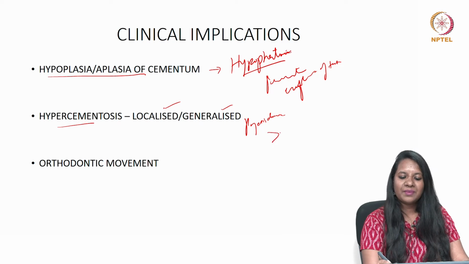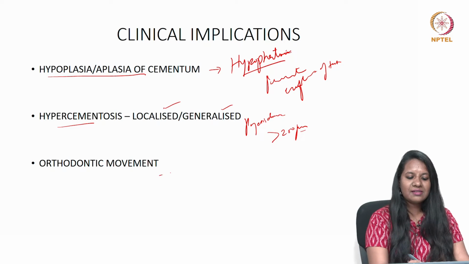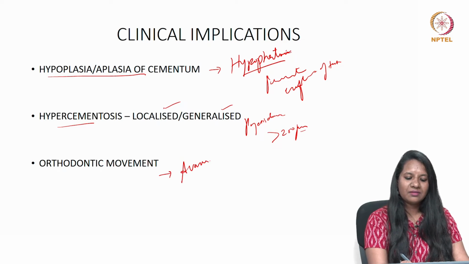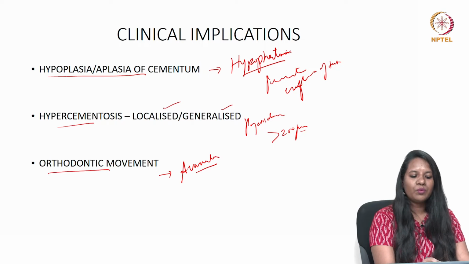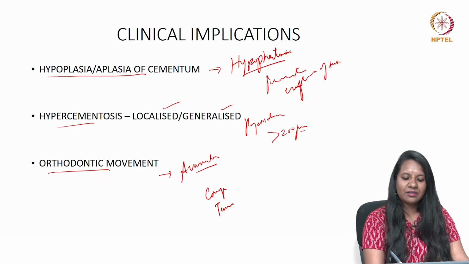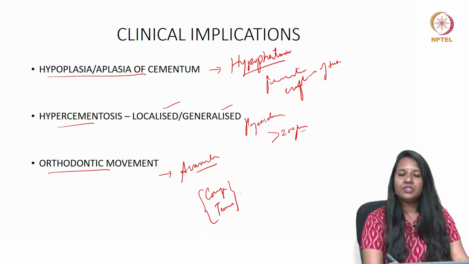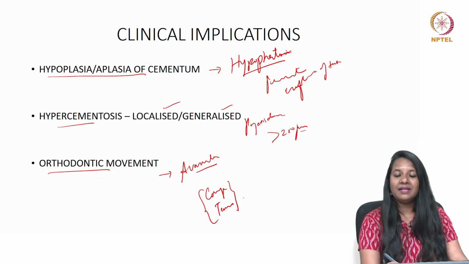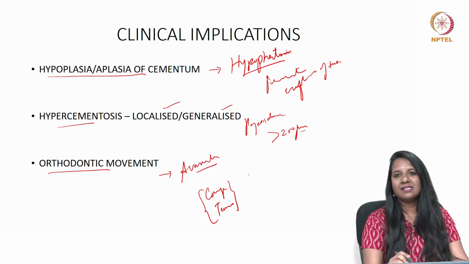So, the width of the cementum will be more than 250 micrometers, and since the cementum is avascular, orthodontic movement is possible, that is, the compression and tension given during orthodontic treatment is well taken up by the cementum because it is avascular.